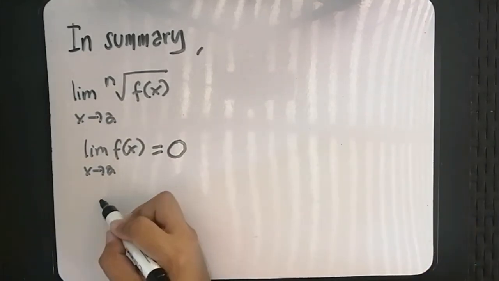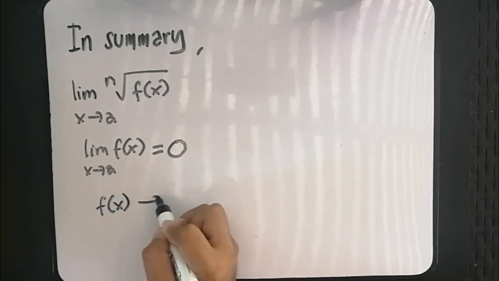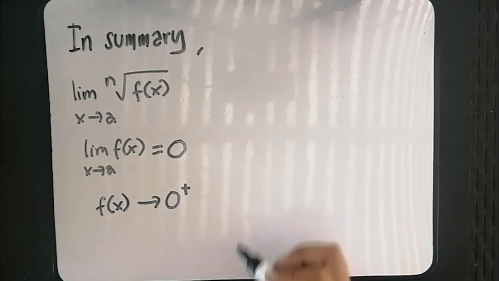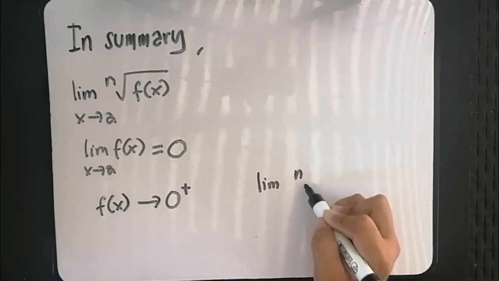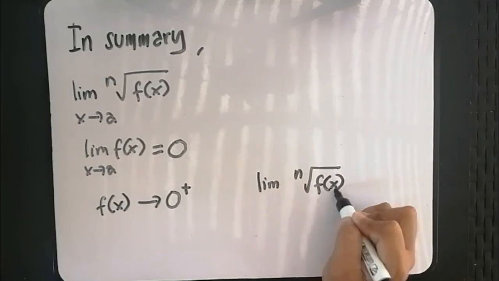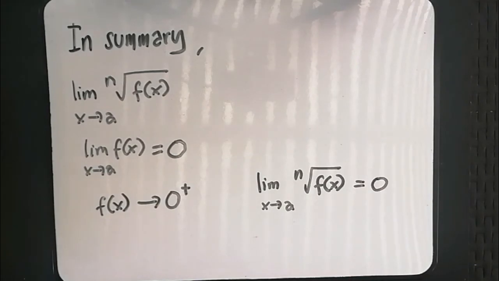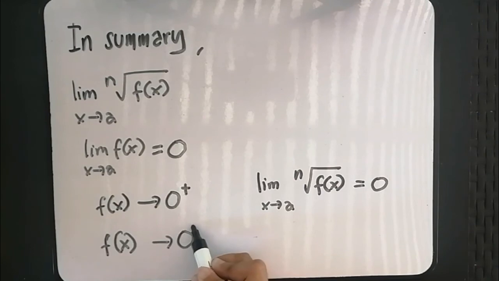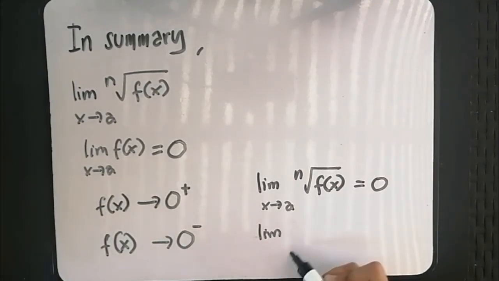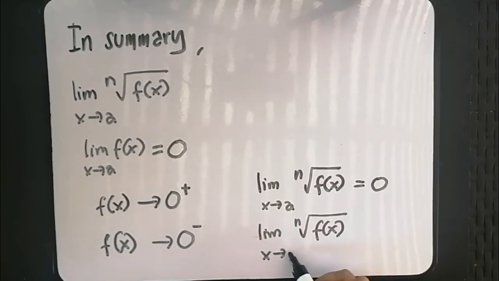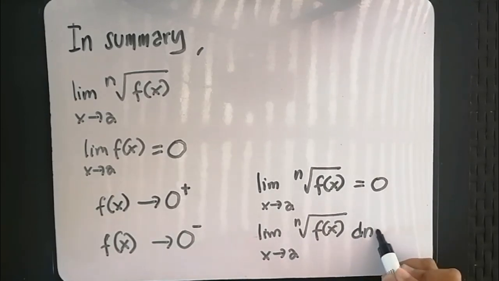Okay, if f of x passes through the positive values, then the limit of the nth root of f of x as x approaches a is equal to 0. But if f of x approaches 0, passing through the negative values, then we say that the limit of the nth root of f of x as x approaches a does not exist.